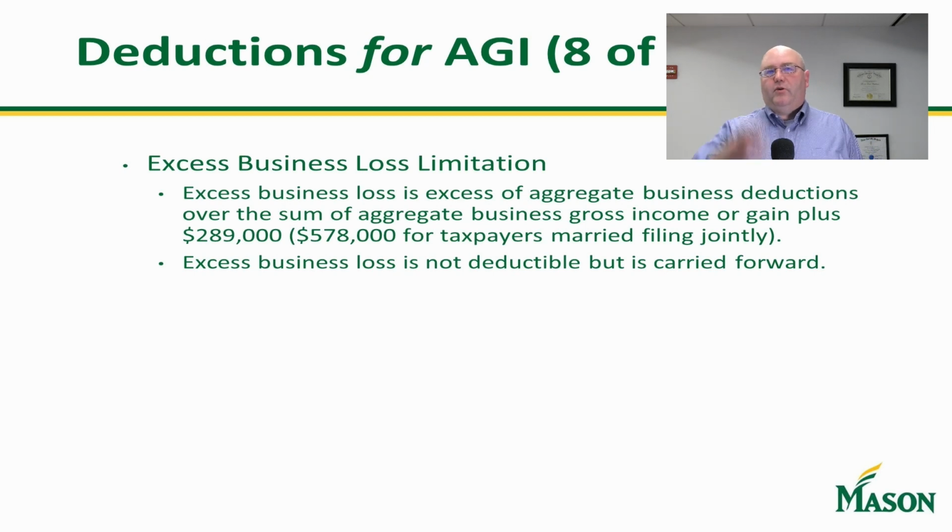Well, if the spouse has a $750,000 loss in their business, they can't take more than $578,000. The delta between that and the $750,000 carries forward into the next year.